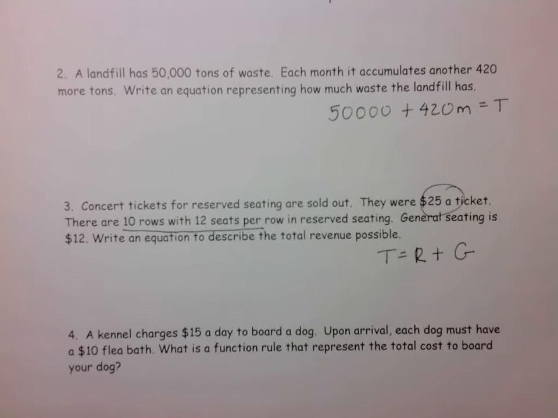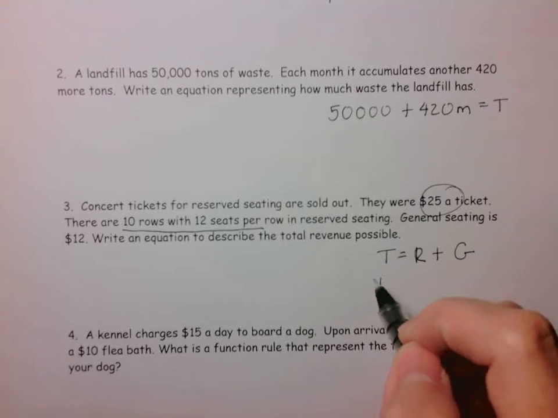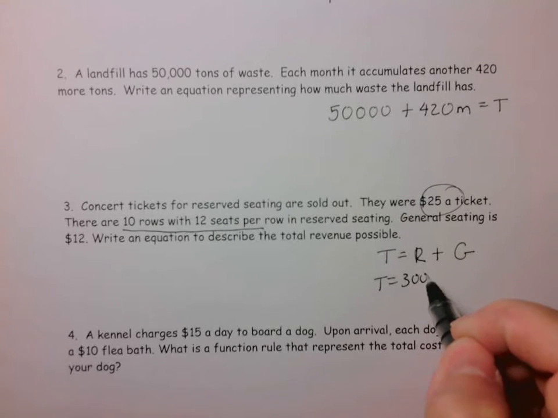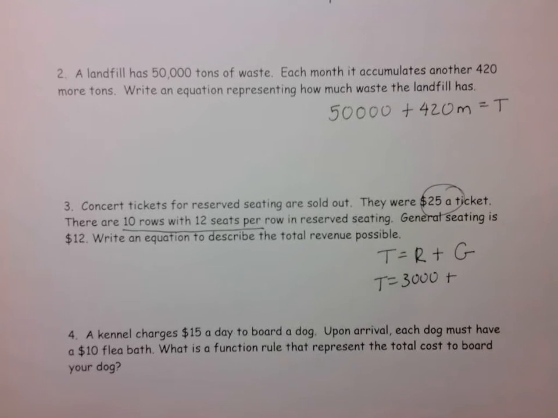So if those tickets were sold out, how much money did you make? 120 times $25 is $3,000. So the sales from my reserved seating was $3,000, 120 seats at $25 a ticket.